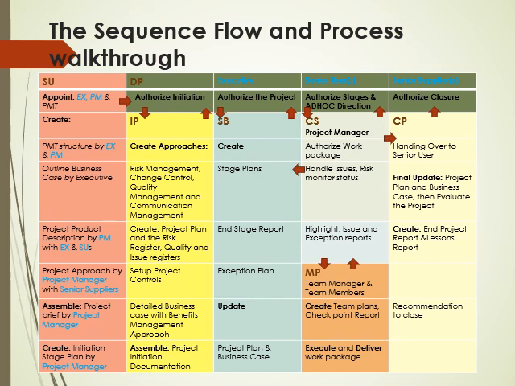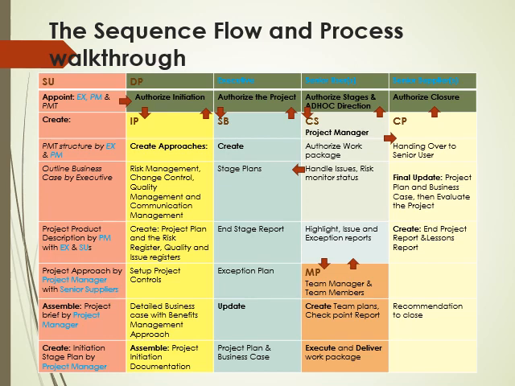Then they go into execution with their team members until they deliver. Of course, once they deliver, they hand it over and then we close the stage. So if everything in the stage has been concluded, the project manager will then go to the next stage boundary, which is going to be the stage boundary between the just concluded stage and the upcoming stage.